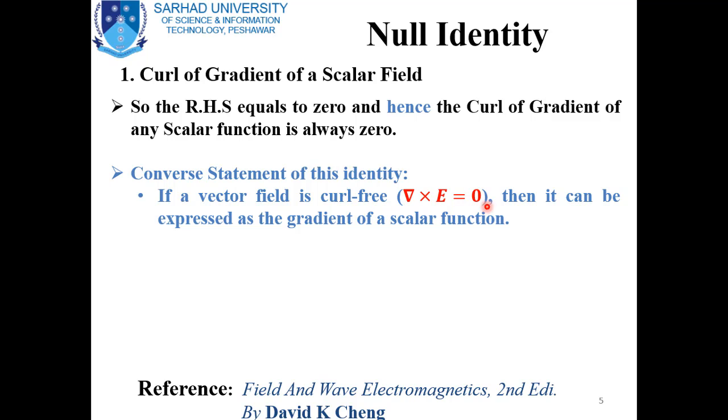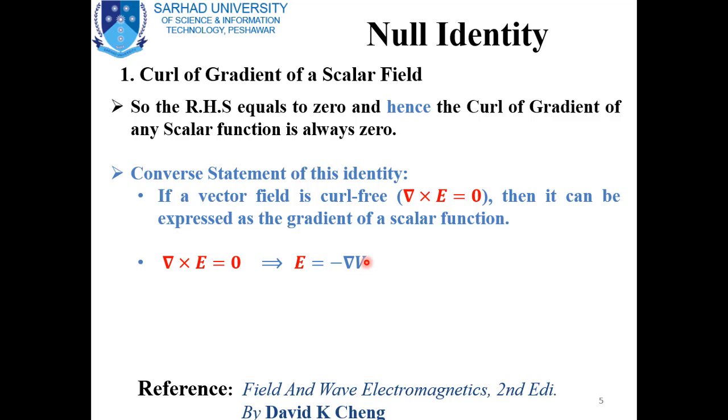Then E, which is a vector, can be written as the negative gradient of some scalar potential. So we summarize that if a vector field is curl free, that is the curl of E is equal to 0, then we can write E as the negative gradient of some scalar potential.